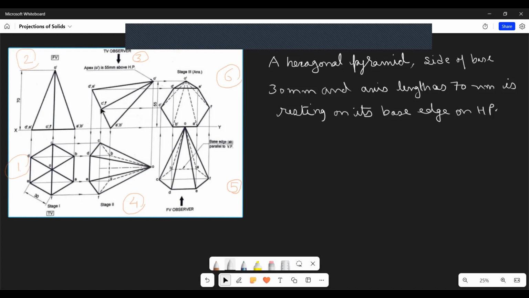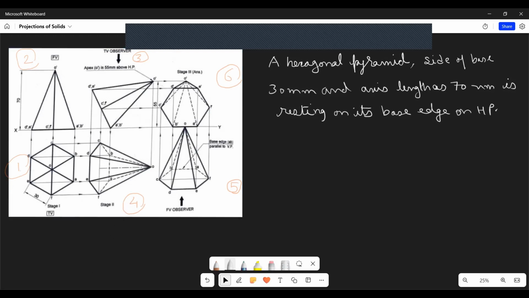But what we know is that it is inclined keeping its base edge AB on the HP such that the axis, this point O dash, which is at a distance of 70 mm from the HP, is inclined such that this O dash remains only 55 mm above the HP.